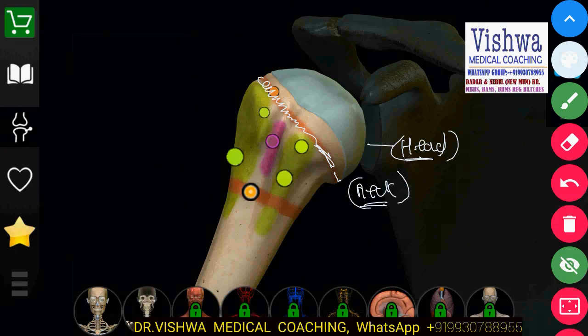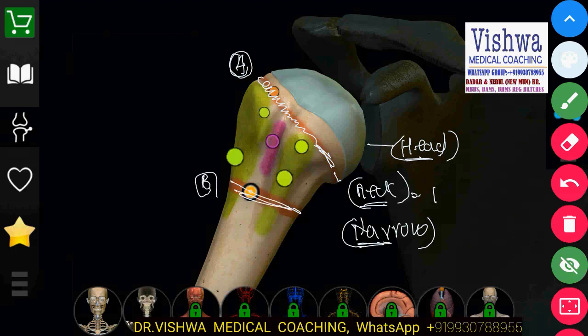But if you see properly, a neck should be a narrow portion. So A looks like a neck, but B also looks like a neck. So the humerus is a bone which has two necks.